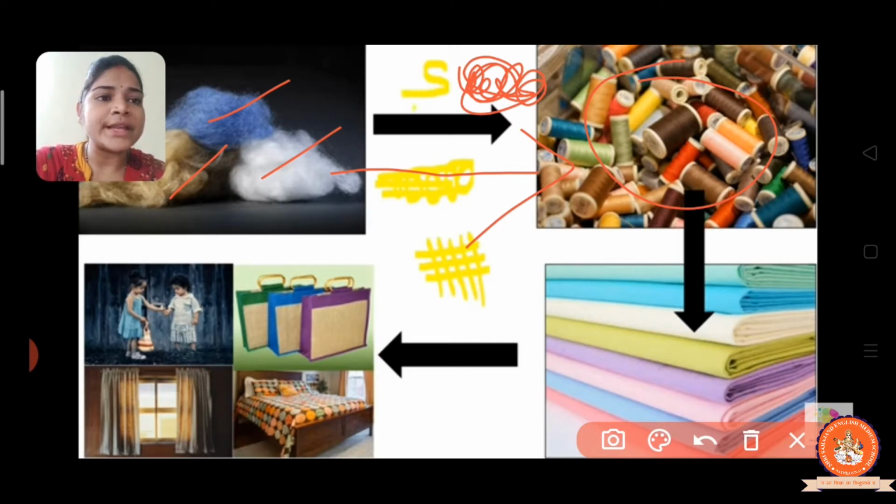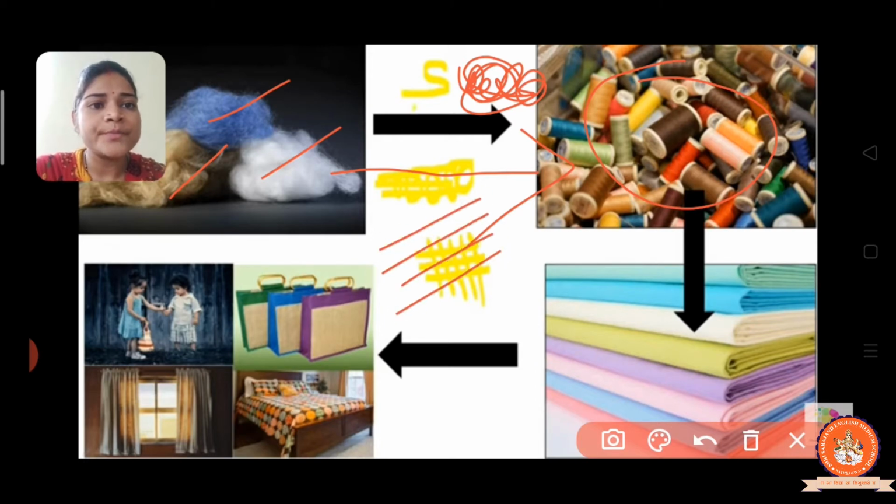So that way the fiber is converted to yarn. After that, yarn is converted to fabric. Now see what the process is. Yarn is converted to fabric through the process of weaving and knitting. Now what is weaving? Weaving means arranging the yarn in horizontal or vertical lines.